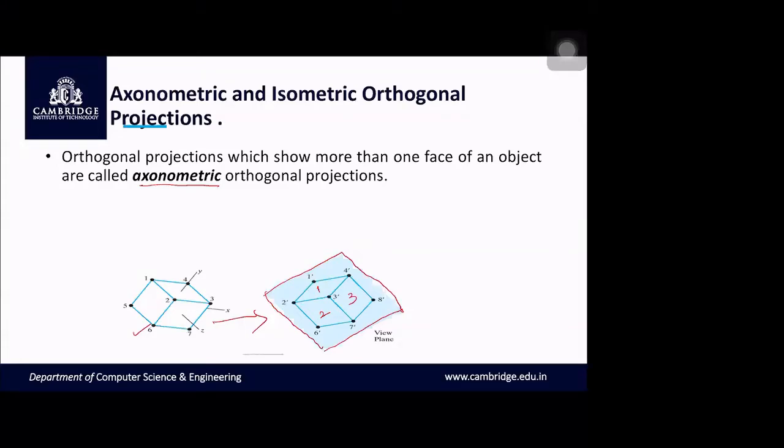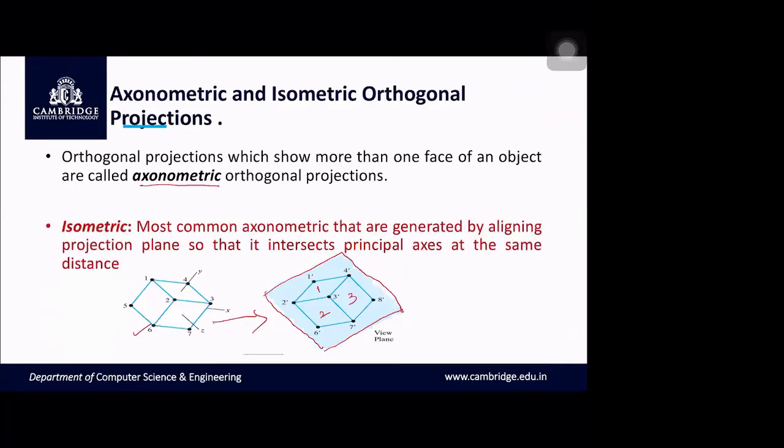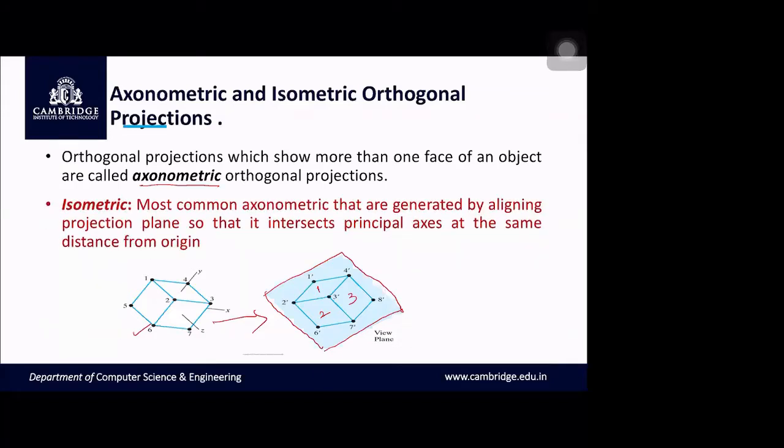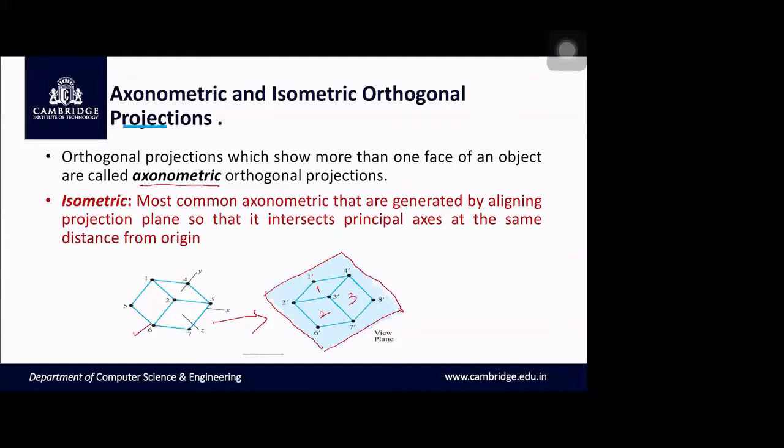In axonometric orthogonal projection, we have one more concept called isometric. What do you mean by isometric? It depends on the way you project your object.